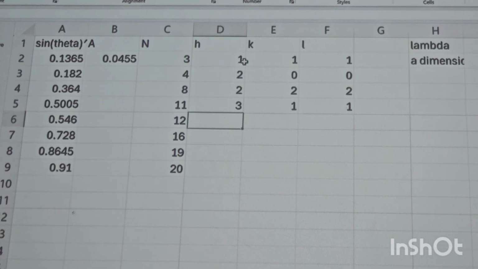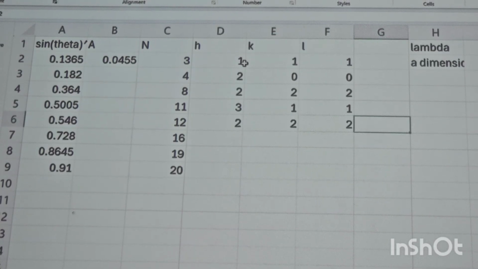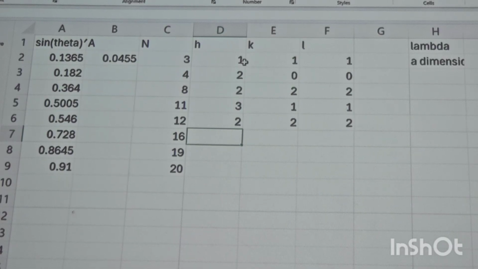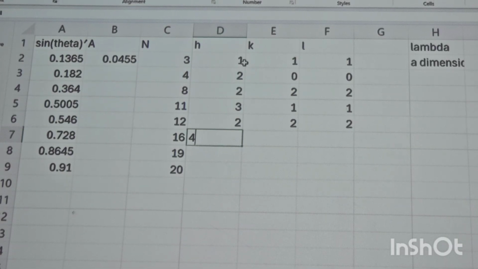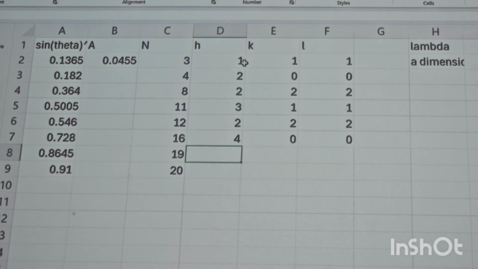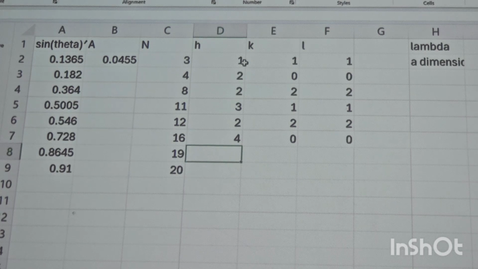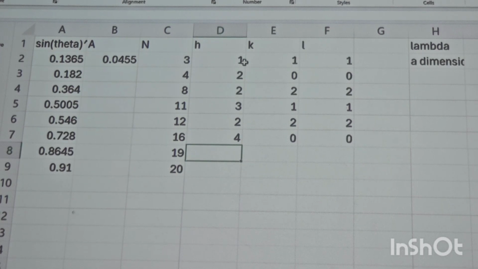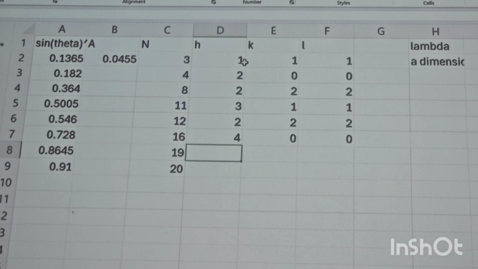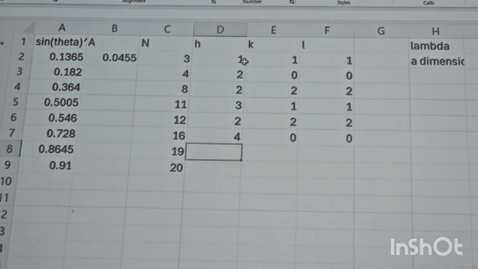Then 12, 16, and so on. There's no mixing of even and odd, so it's face centered cubic, and it's cubic. We already know that, we've already sealed that. Now we're sealing the fact that it is face centered cubic. Copper is face centered cubic. It belongs to the Fm3m space group.